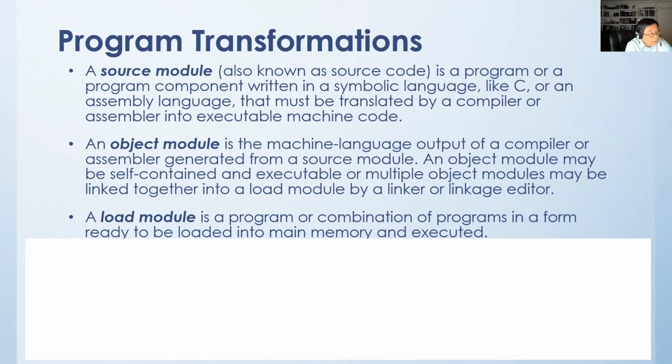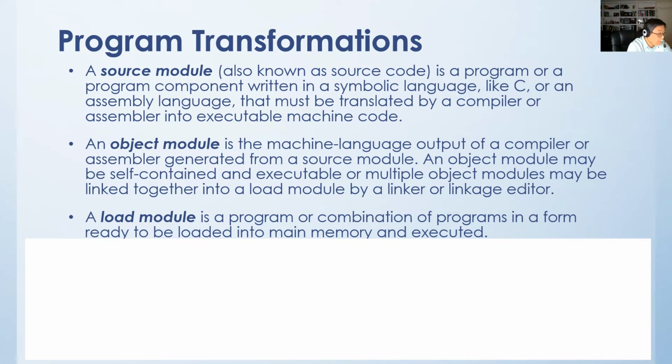So now let's talk about the program transformations. In early computer systems, people created binary code, also known as machine code, and then loaded the machine code directly into the computer memory and executed it. As computers became more and more powerful, programs became bigger and bigger, so it became so difficult to manipulate this binary code.